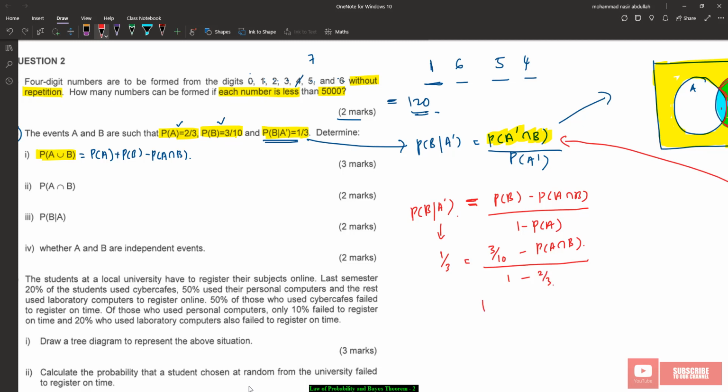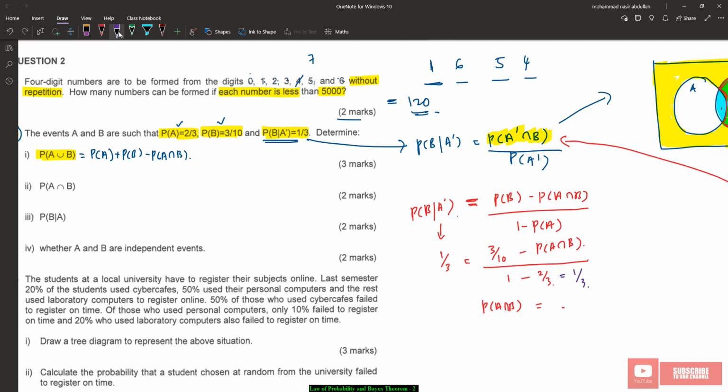So now we can find probability of A intersect B. One minus 1 over 3 is equal to 1 over 3, right?